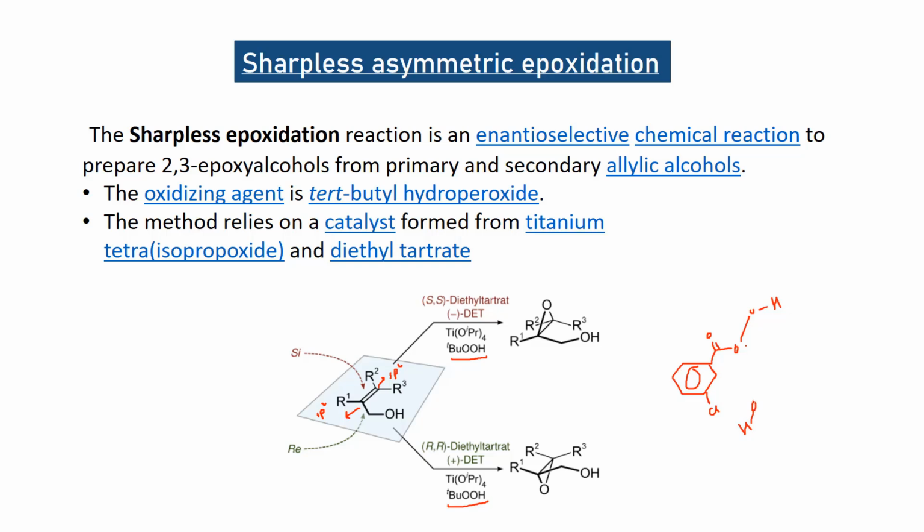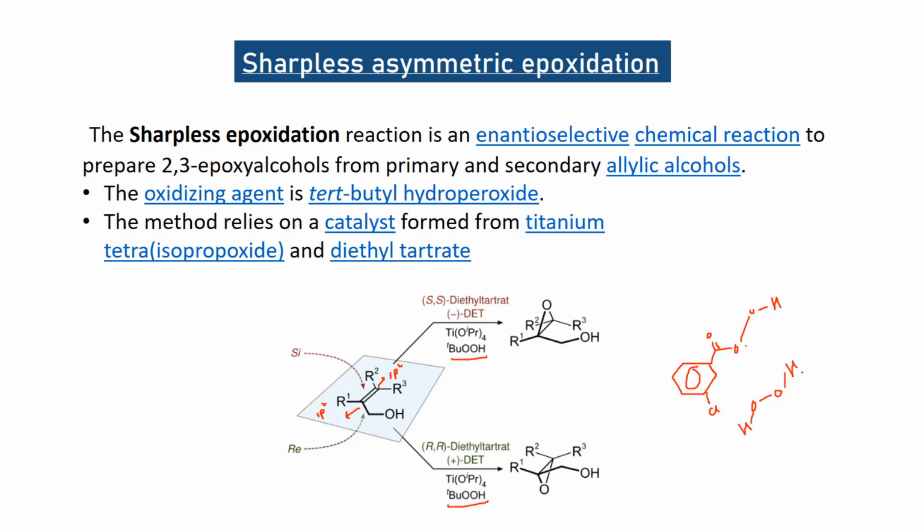So you can see the similarity of the structure. This is also a peroxide, tertiary butyl peroxide. Instead of this group, we are using this tertiary butyl group. So here this tertiary butyl peroxide is doing the work of epoxidation, similar to mCPBA.